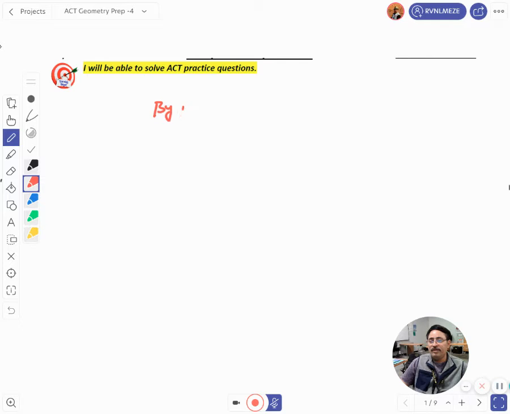By Pythagorean theorem, there is a mathematician whose name is Pythagoras.